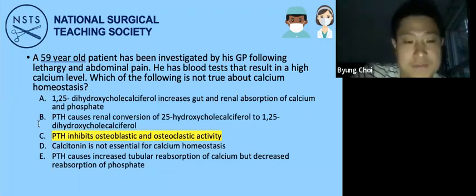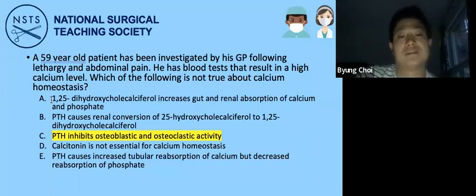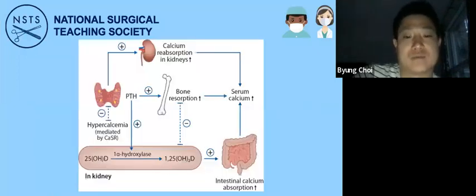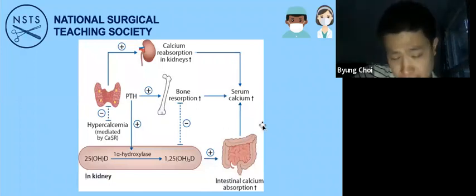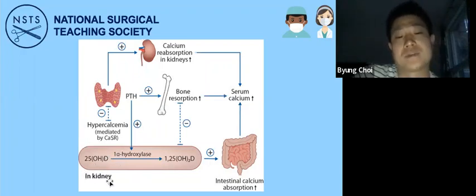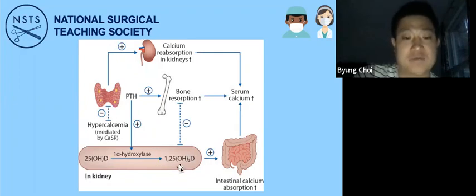Just going through the other options then. Let's go through A. 1,25-dihydroxycholecalciferol is the activated form of vitamin D, and that increases gut and renal absorption of calcium and phosphate. And we know that because it does so downstream in the kidneys. 25-hydroxycholecalciferol is activated in the liver, but then that goes to the active form of vitamin D itself, which is 1,25, and that happens in the kidneys.